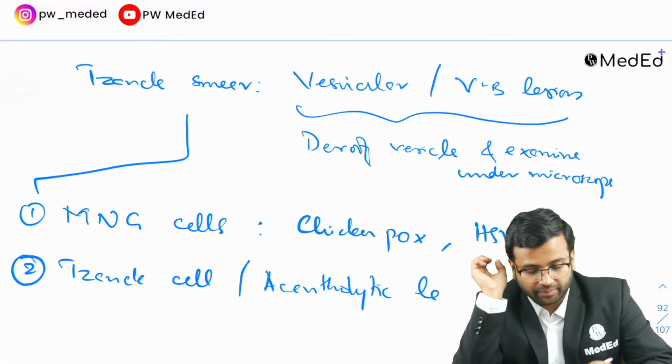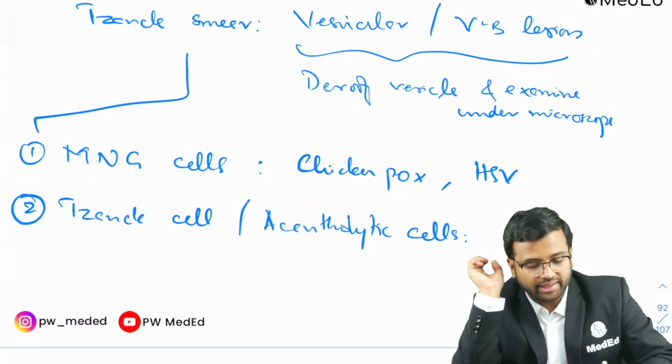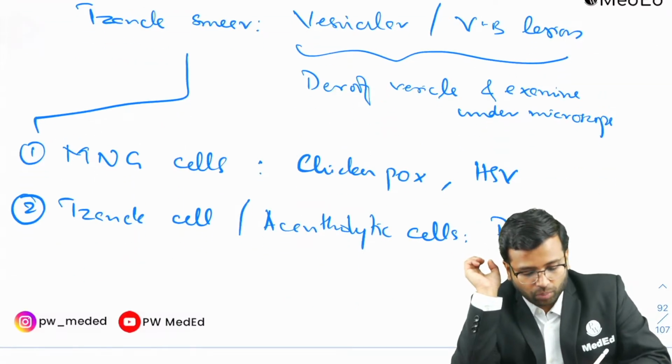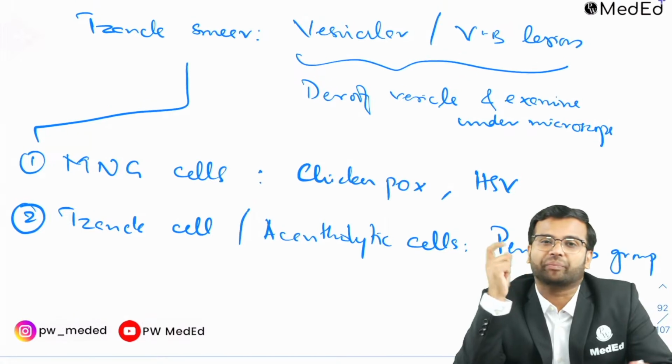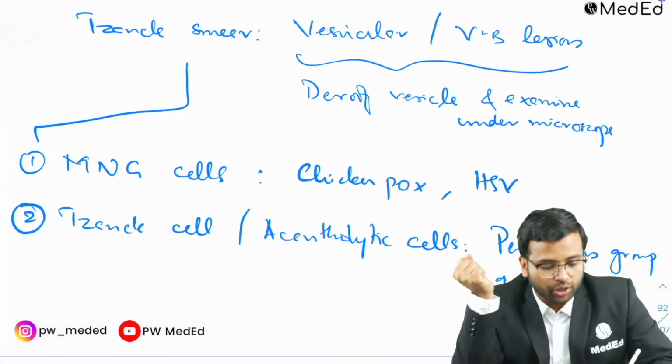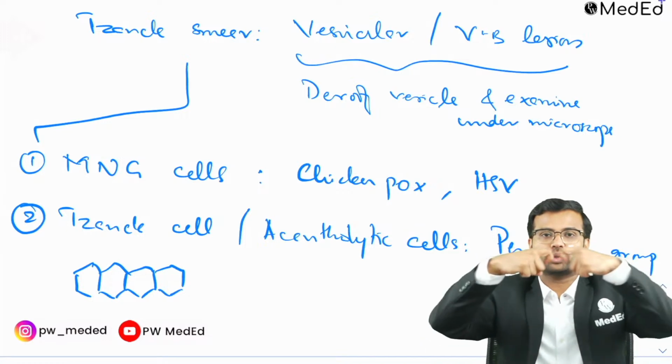Acantholytic cells. And these are seen in pemphigus group of diseases. Now what is happening in a Sang cell or an acantholytic cell? Usually the keratinocytes are attached to each other. And what attaches one keratinocyte to the other?